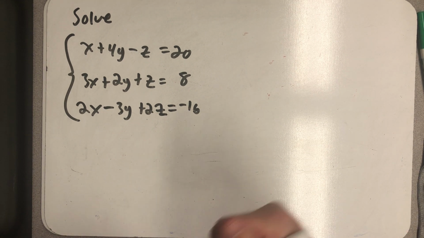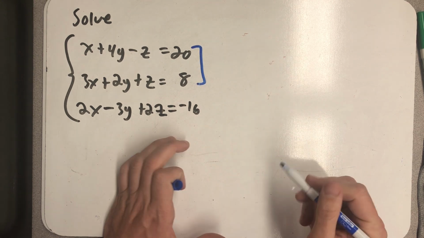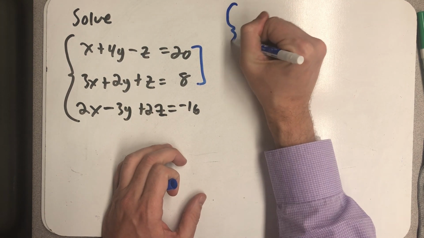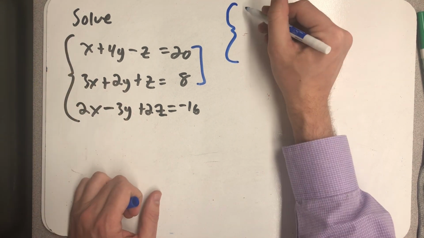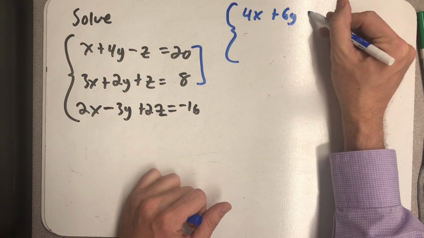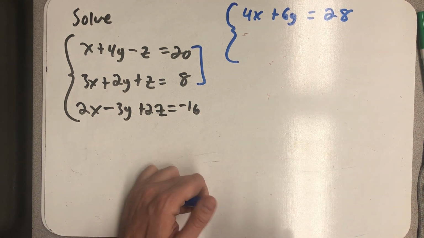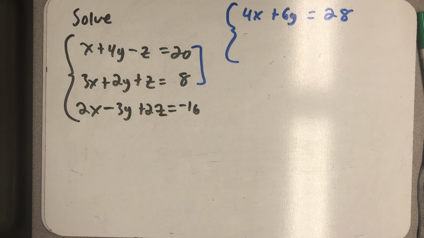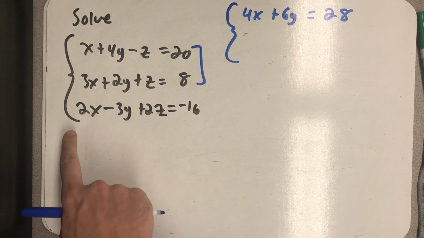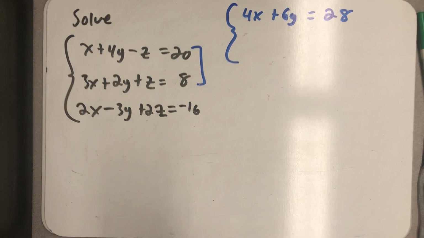The first thing I notice is that if I add these 2 equations, the z's will cancel. So let's see, that's going to be 4x plus 6y, the z's cancel, is equal to 28. Now what I want to do is imagine multiplying this by 2 so that I can add it to the 3rd equation.